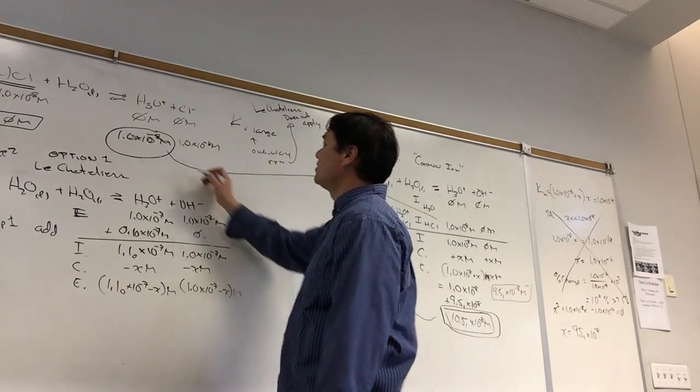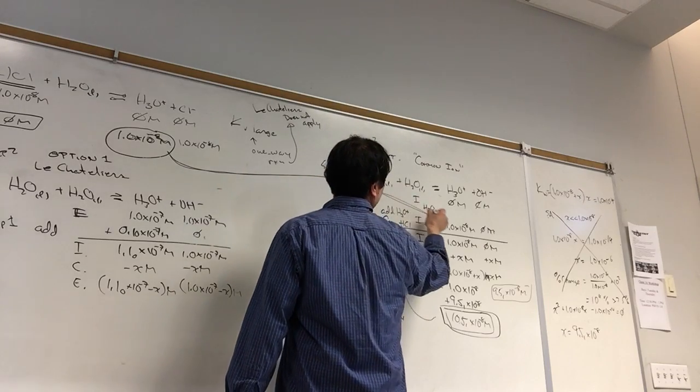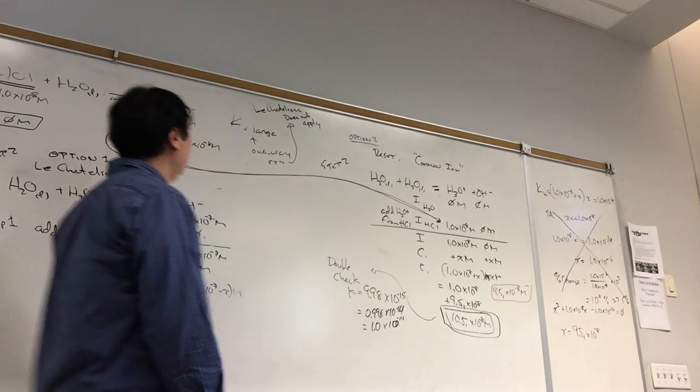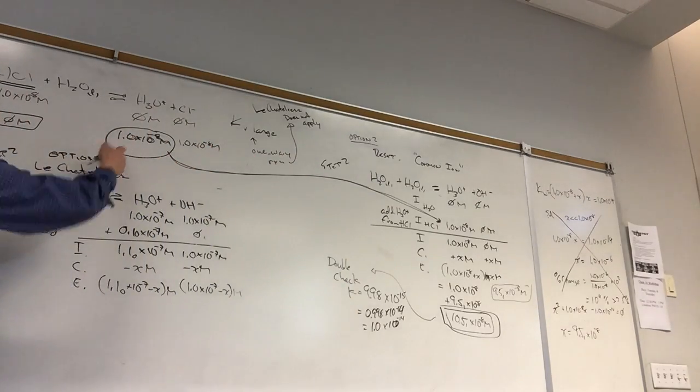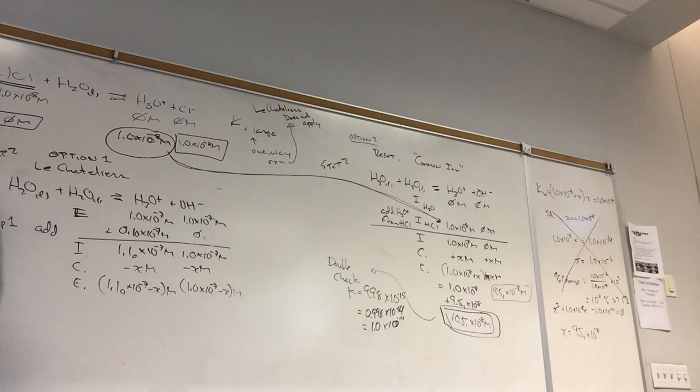From step 1, we carry this concentration all the way into step 2 here, and that's where this hydronium ends up. The chloride stops here. We don't carry the chloride into step 2, and so the chloride concentration is going to be 1.0 times 10 to the minus 8 molar.